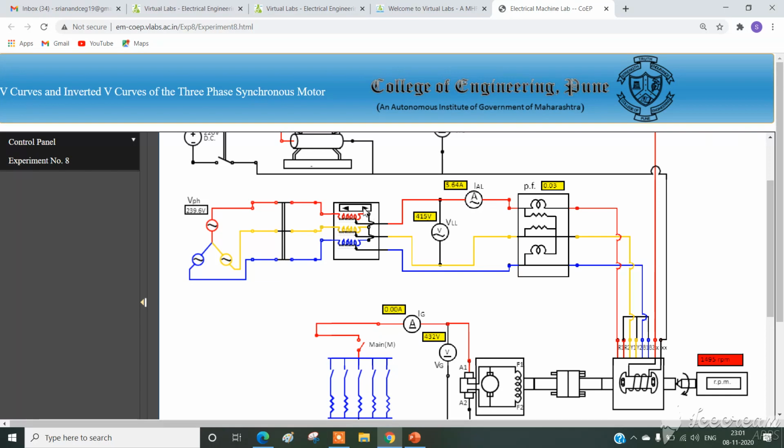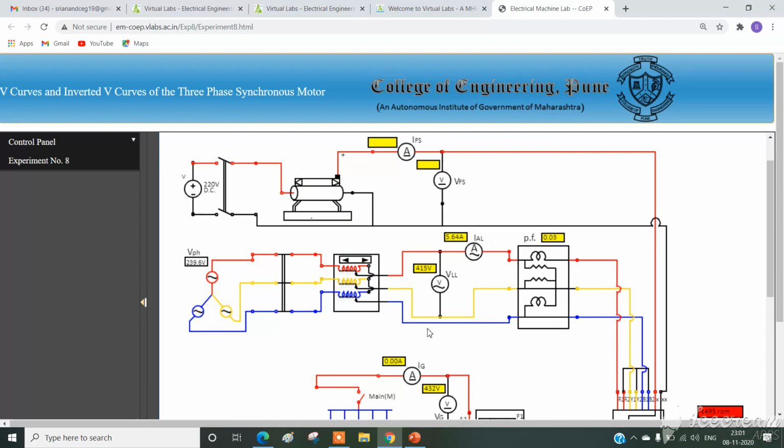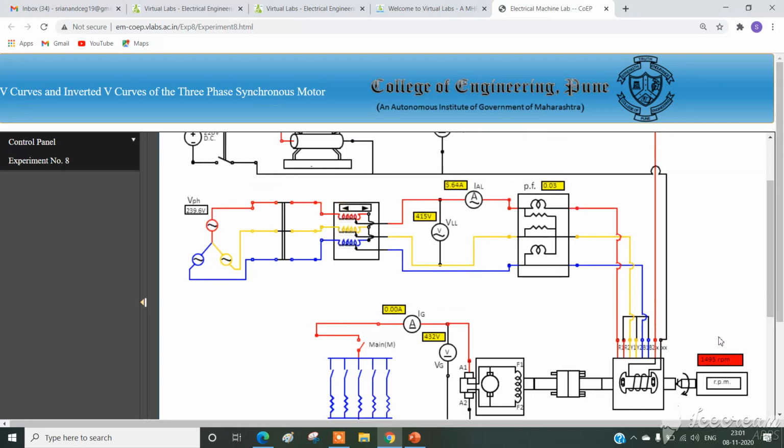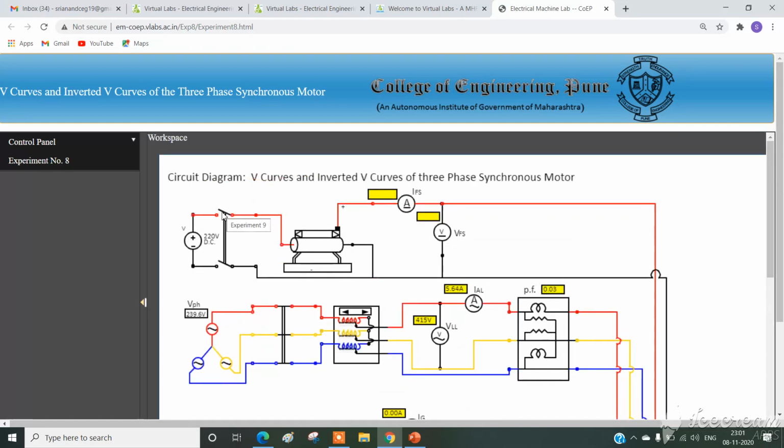Now we have supplied rated voltage to the armature of the synchronous motor. Now we need to supply the field. The motor runs at a speed of 1495. Now we need to supply current to the field winding. Simply close this DC supply.